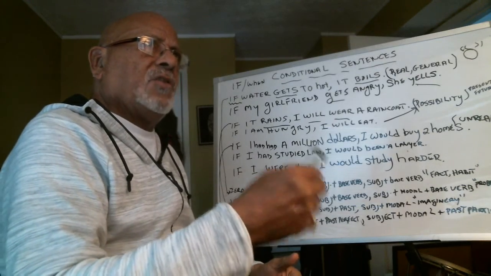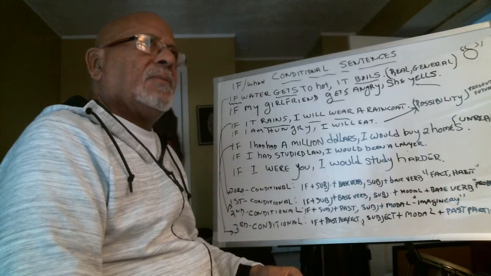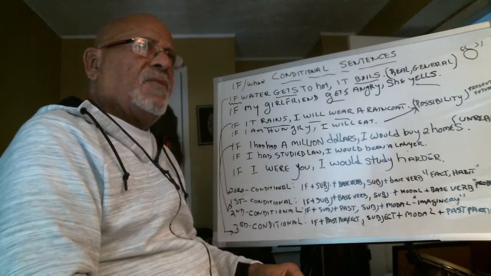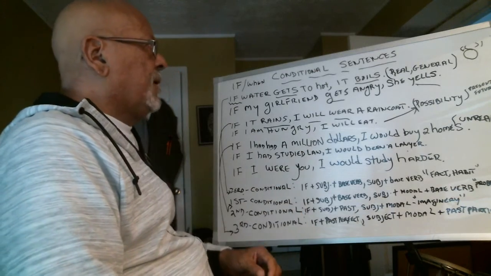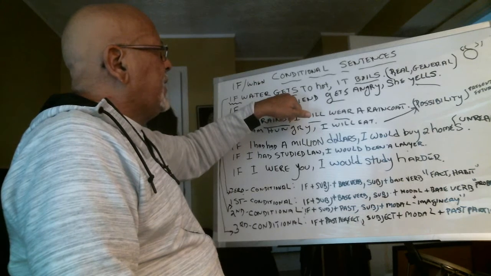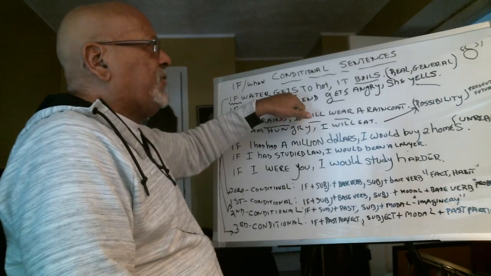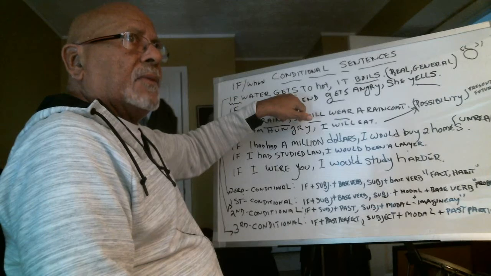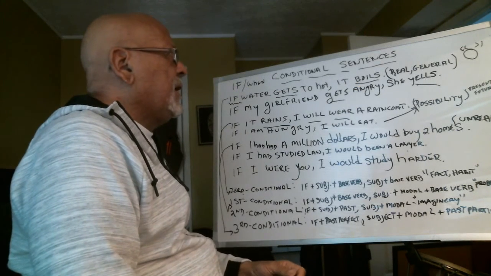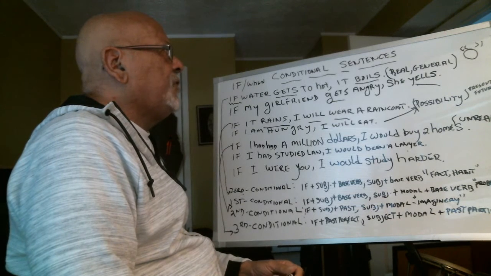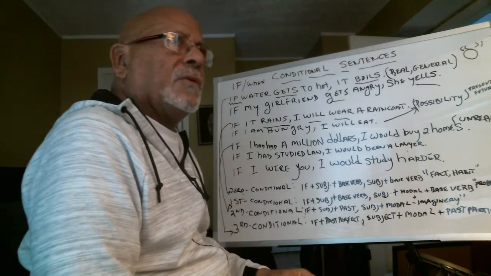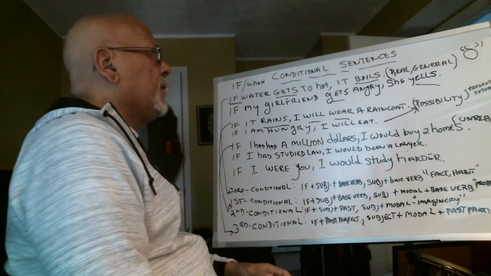If water reaches a certain level of heat, it boils. It's a general truth. So the verb here, gets, is going to be in the simple present, and the response is going to be in the simple present. So the verbs are gets and boils.